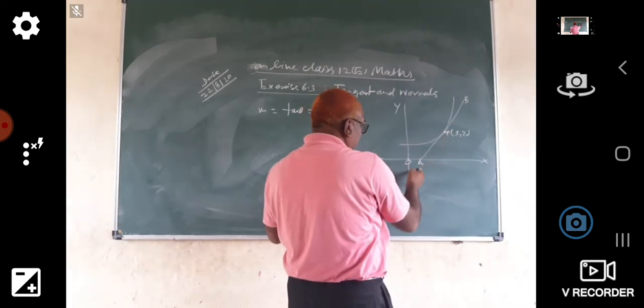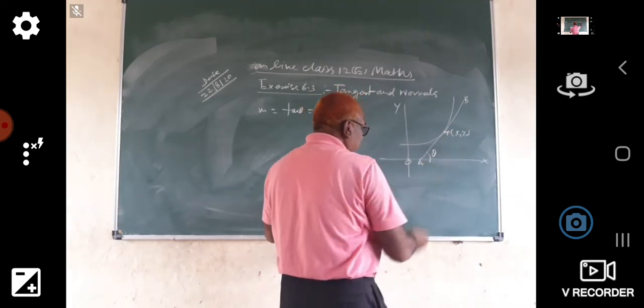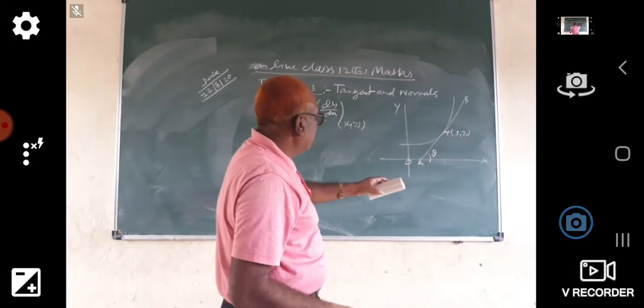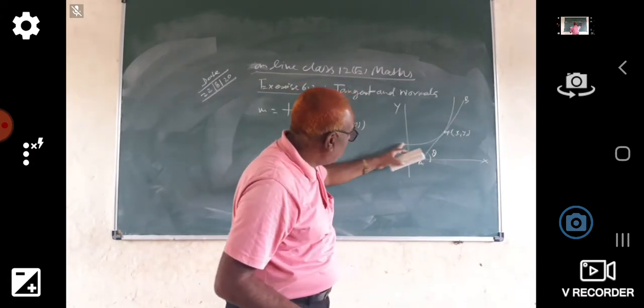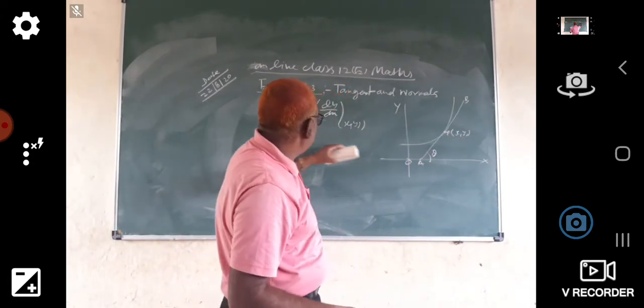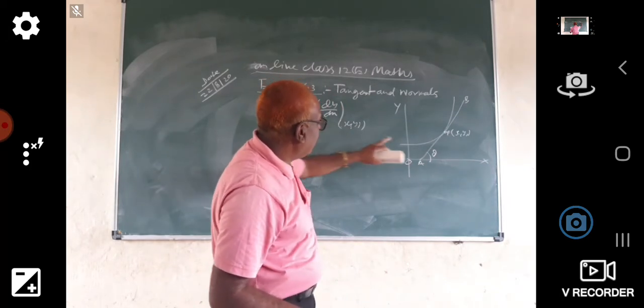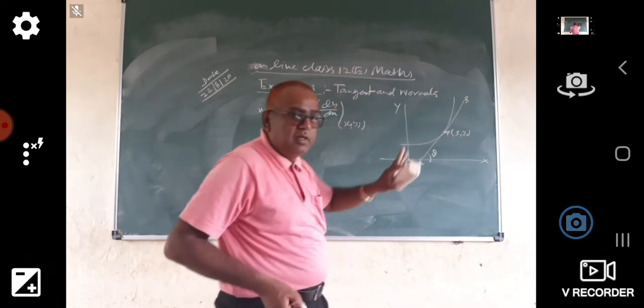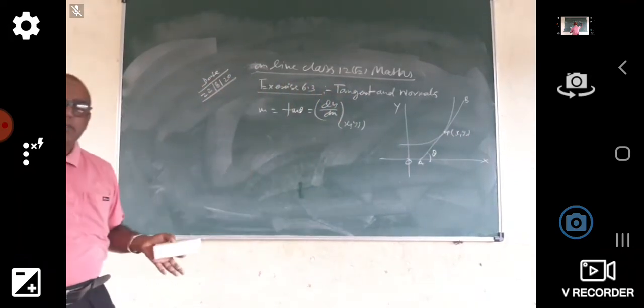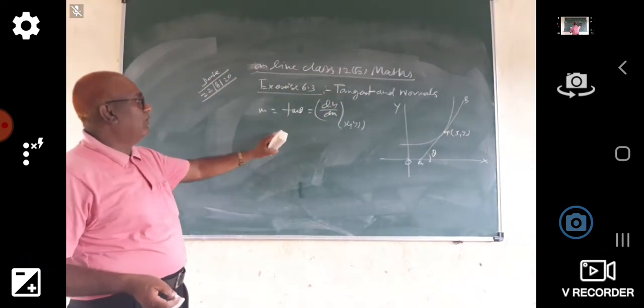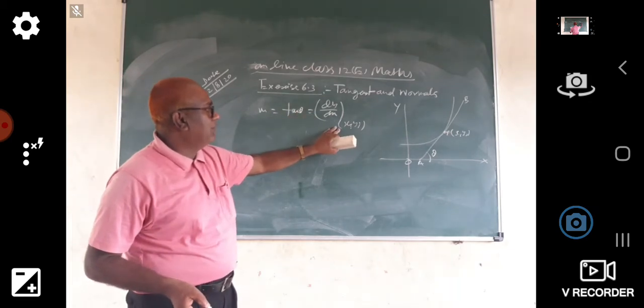So AP makes an angle theta with the x-axis. Therefore, the slope of this curve is defined by m is equal to tan theta is equal to dy by dx at this point.